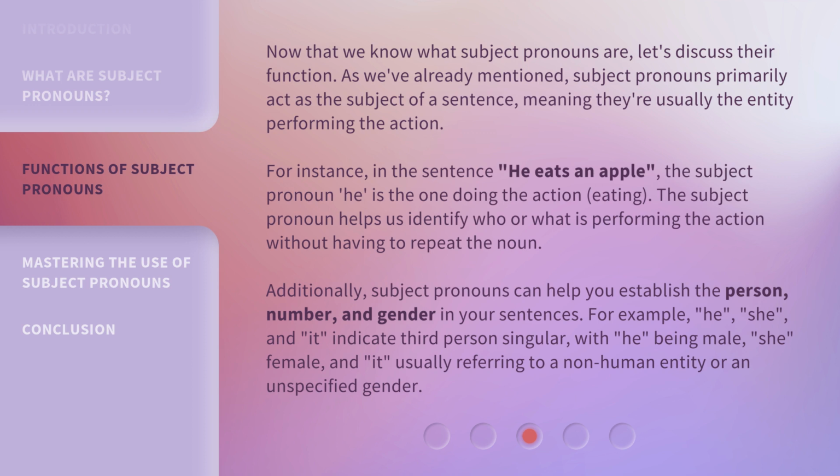Additionally, subject pronouns can help you establish the person, number, and gender in your sentences. For example, he, she, and it indicate third-person singular, with he being male, she female, and it usually referring to a non-human entity or an unspecified gender.